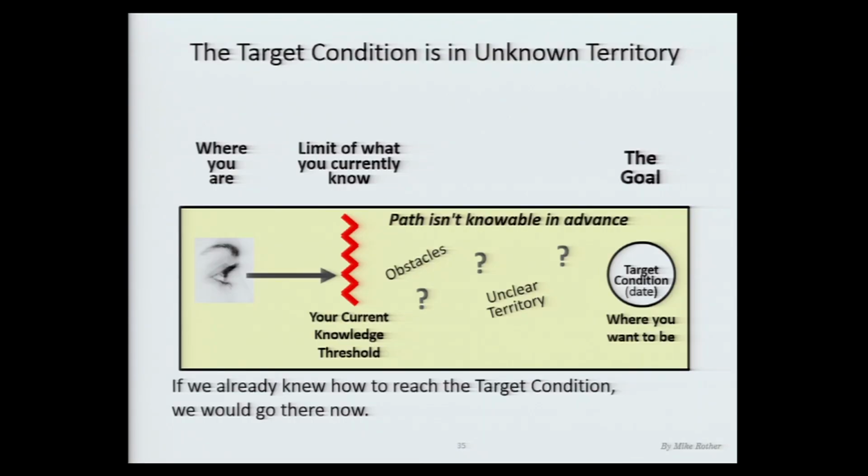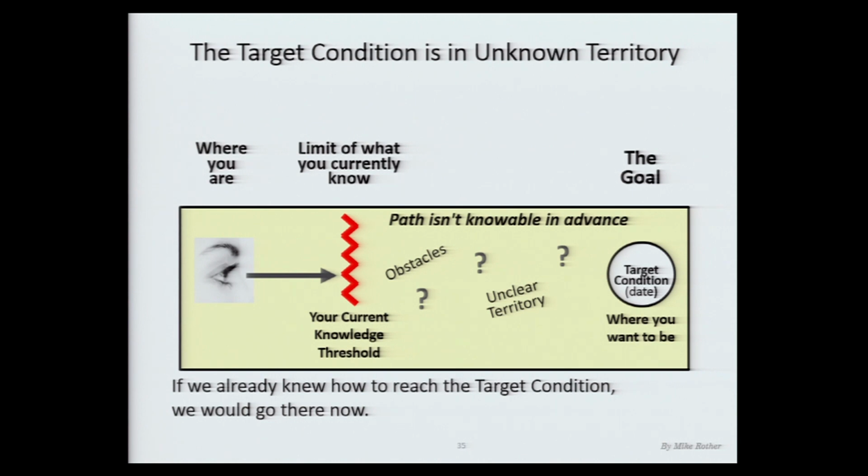So what the improvement kata does is have you iterate towards the target condition in really, really tiny steps. And this is basically using science. So you're admitting that you don't know exactly how to get to your target condition. And if you knew how to get there, honestly, you'd probably already have gone there already. It's not like we sit around and do things inefficient ways just because we like to.